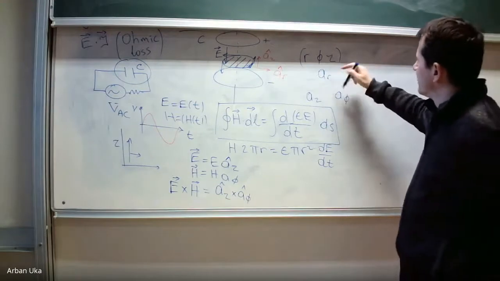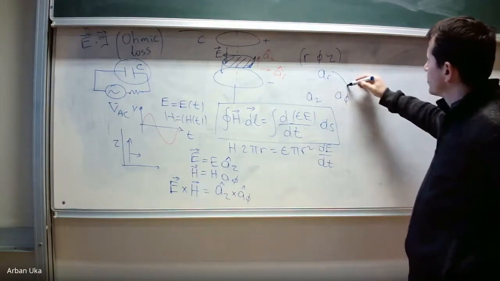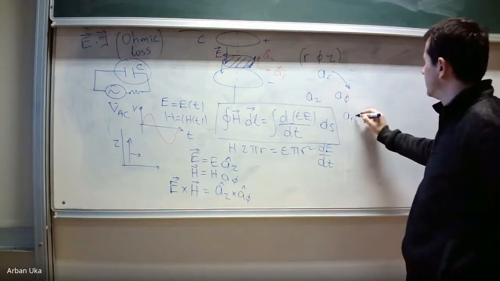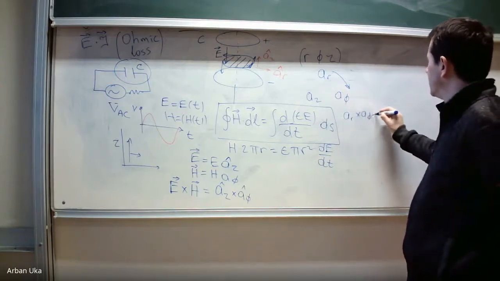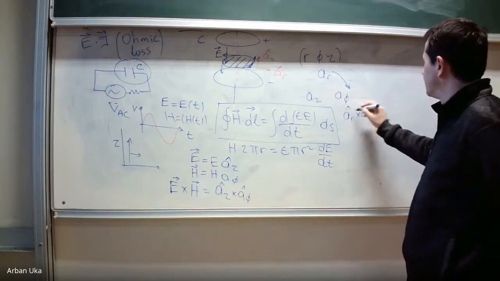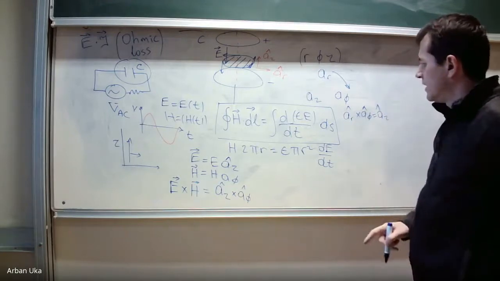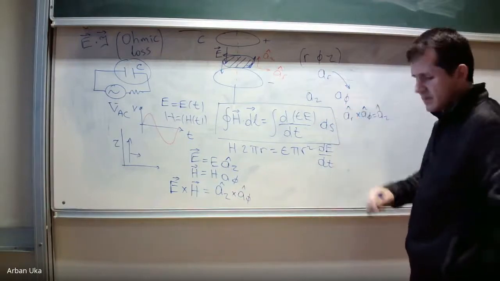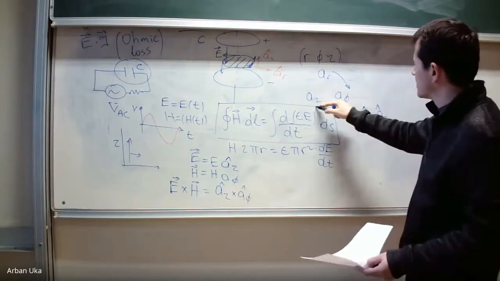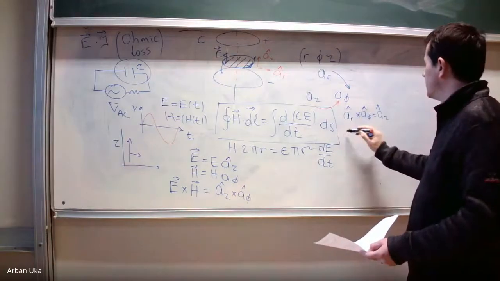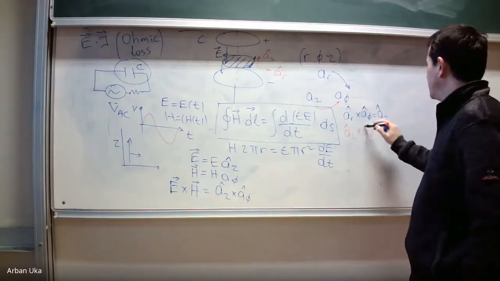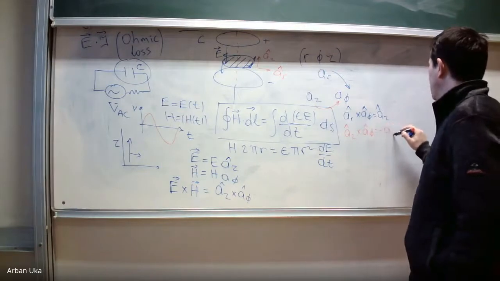So in this case, we know that AR cross A phi is equal to AZ. Now here we have AZ cross A phi. This is moving counterclockwise, so this is moving backwards. So here we get AZ cross A phi equal to minus AR.